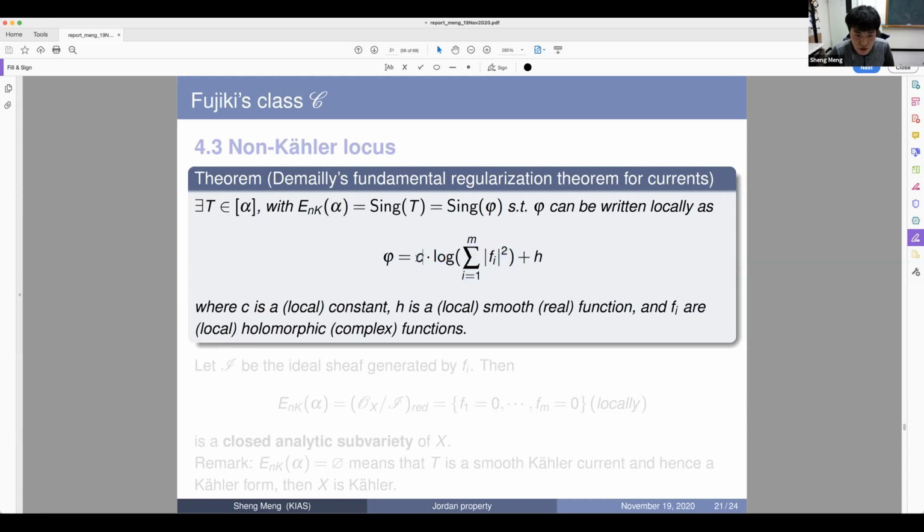Here C is a real constant, H is a smooth real function, and the F_i are holomorphic functions. All are in the local versions. So it is then easy to see that the singular locus of phi is those points where the sum of squares equals 0.